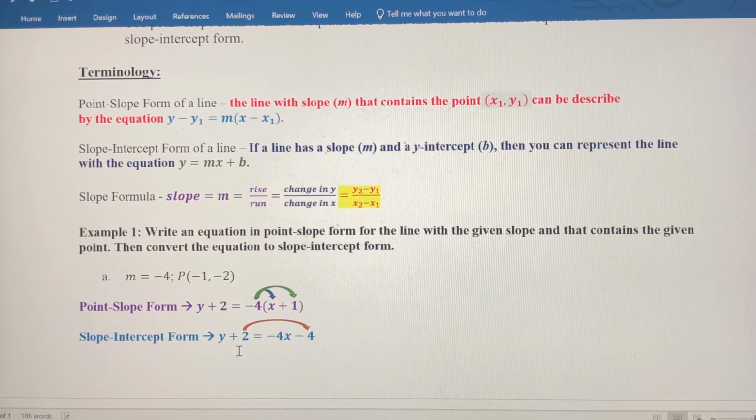It's kind of like subtracting 2 from both sides, or you can think of it as when the 2 changes sides of the equation, then the sign changes. So I've got a -4 now here and a -2. When I combine those, I get -6. So the equation of the line that has the slope of -4 and goes through the point (-1, -2) is y equals -4x minus 6.